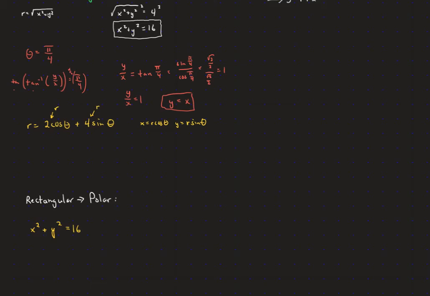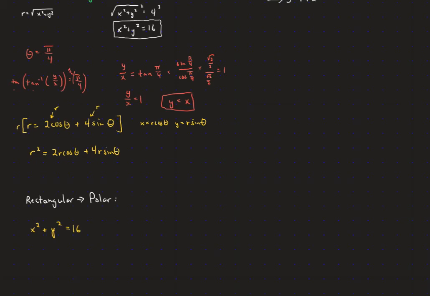So the art of doing this is we're going to multiply through by r to insert those r's where we want them. So that will make the left side be r squared. We'll get 2r cosine theta plus 4r sine theta.